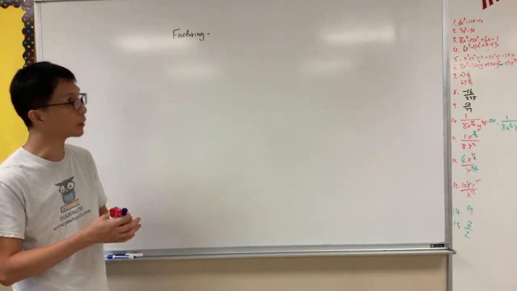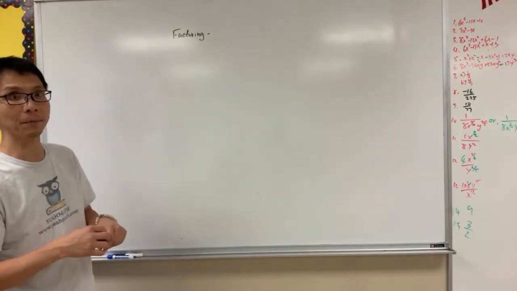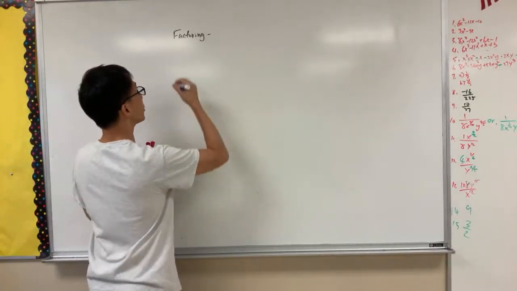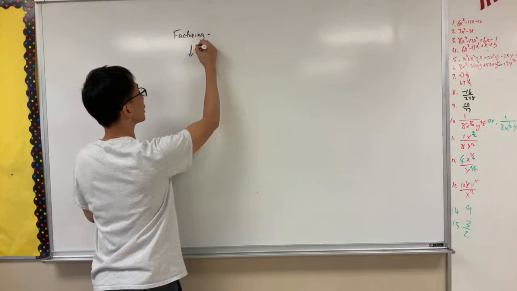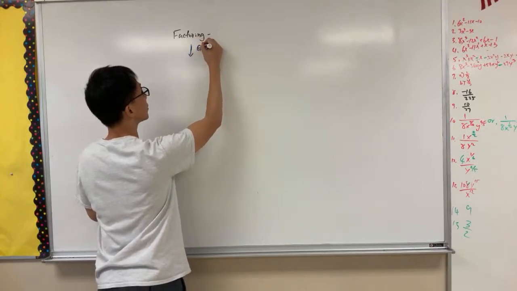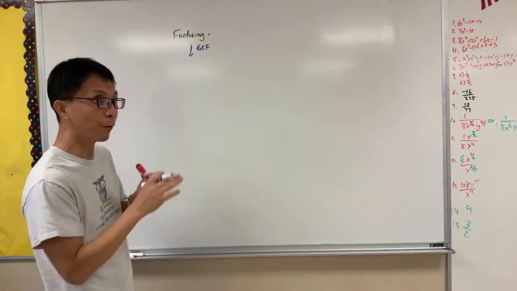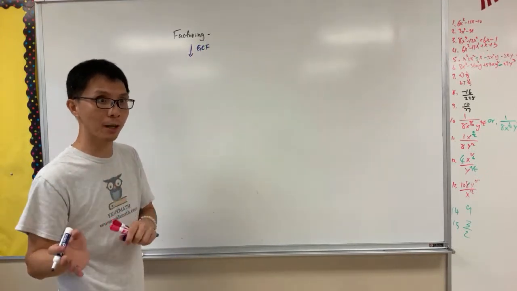Greatest common factor. So the first step, always look at greatest common factor. The first step, you must go through this channel. This channel is going to say, I'm going to take care of GCF, okay? Before anything, always look at GCF factoring.